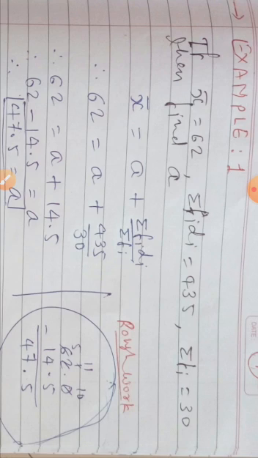If you want addition or subtraction of decimals, then the number of decimal places must be equal. In 14.5 there is one digit after the decimal point, so the integer also should have at least one decimal. That's why it is written 62.0 and then 14.5 is subtracted. You can observe how it is subtracted. I think you have that minimum knowledge. So this is our first example.